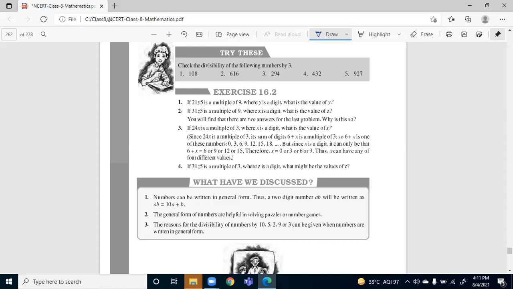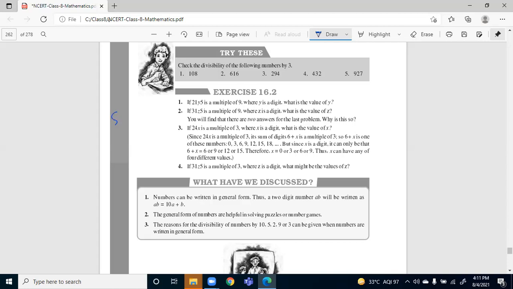So okay, got it. Question number 4, are you trying? Ma'am, the value of Z can be 0, 3, 6, and 9. It is correct. Very good, Dhriti.